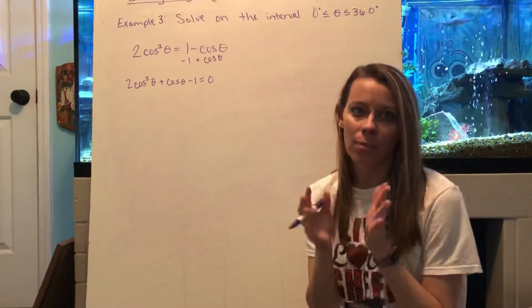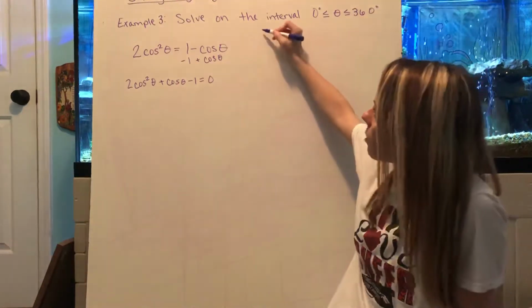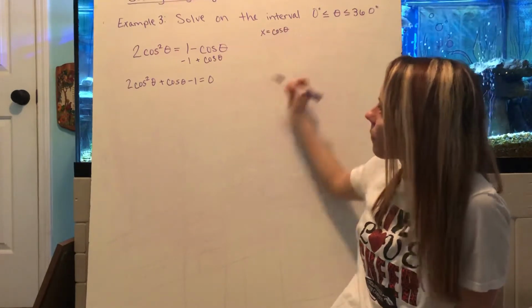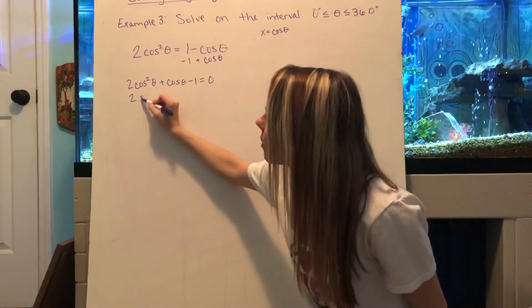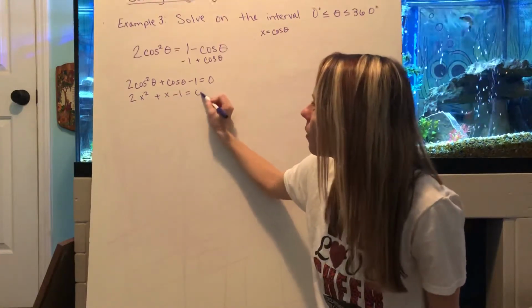Okay, from there, just like we did last time, I'm going to take out the cosines because I don't think in cosine very well. And I'm going to replace it with x. So I'm going to write out here to the side that I'm letting x equal cosine theta. So I have 2x squared plus x minus 1 equals 0.